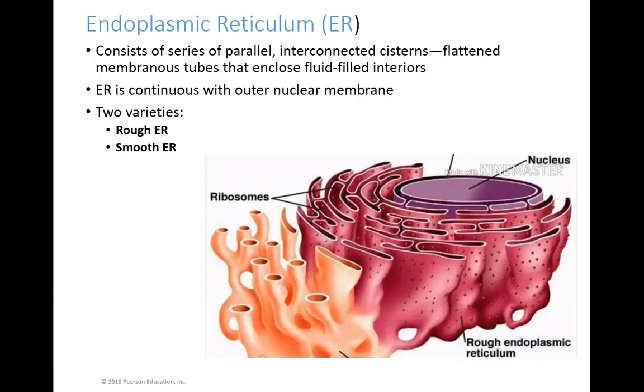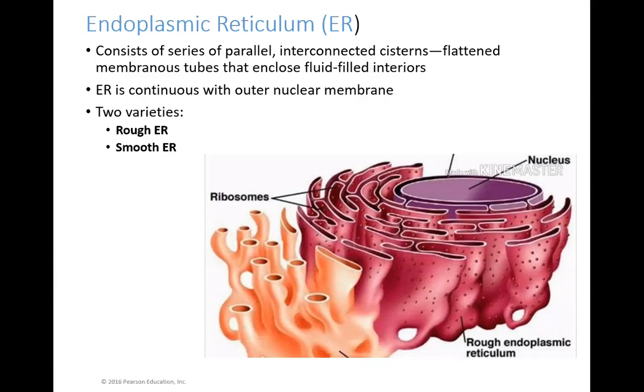And we use messenger RNA, the single strand version of DNA, to take that out to the ribosome. The way it gets out is to go through those openings on the nuclear membrane out into the endoplasmic reticulum. That's all it does.